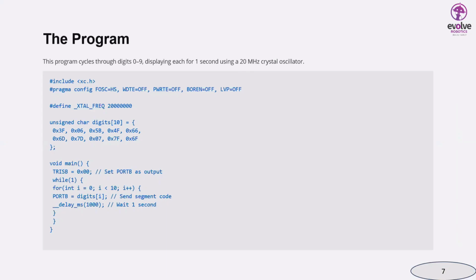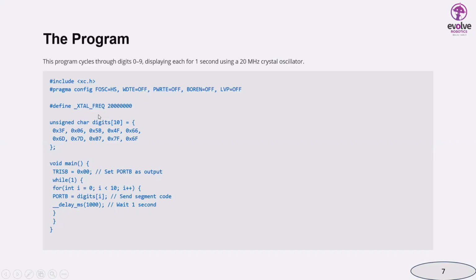Now as the next step, we are creating an array to store the hex code values of digits 0 to 9. So we will declare an array of character type. You have to specify the data type of the array. That is why it's given as unsigned char digits[10].